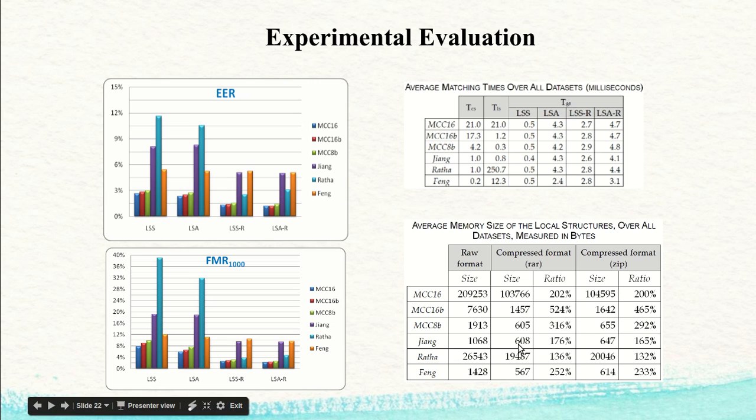But it is also worth noting that we can compress MCC 16B or MCC 8B by 65% to 95% in zip format. It is because these two formats, MCC 16B and MCC 8B, are in bitwise format, so they can be compressed easily.